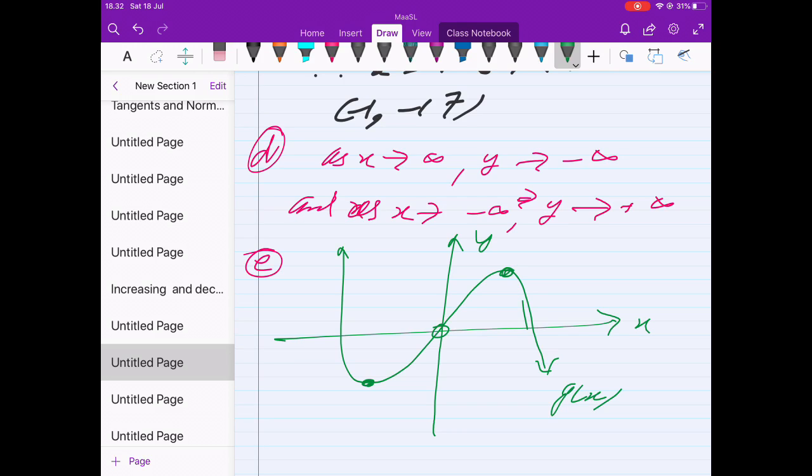So we can relate it that way also. Maximum point (3, 47), somewhat like this way. So therefore that's the answer to this question.